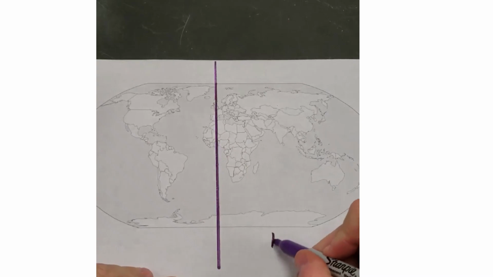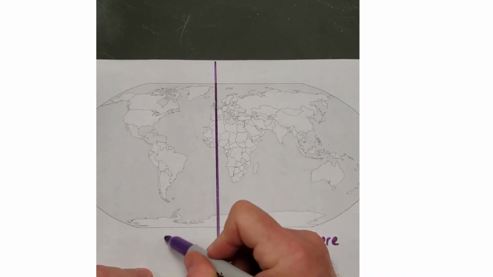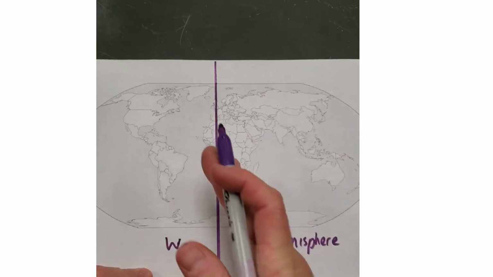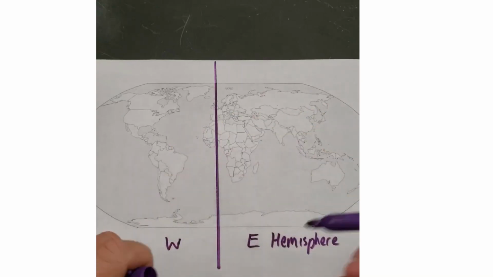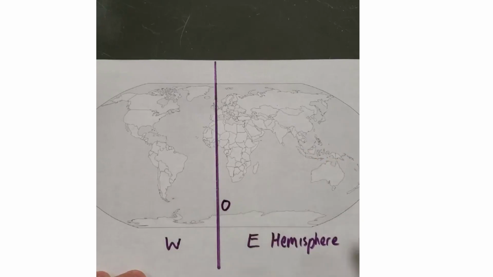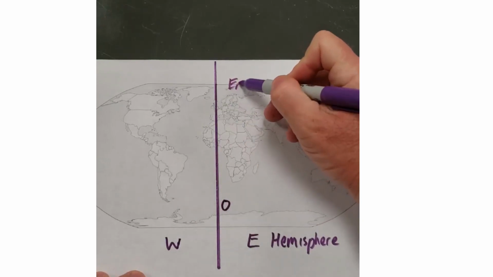These are also called hemispheres. But now this is the east hemisphere and this is the west hemisphere, as opposed to a north and south half. Now we have an east and a west half. This line, this 0 line, goes through the country of England.